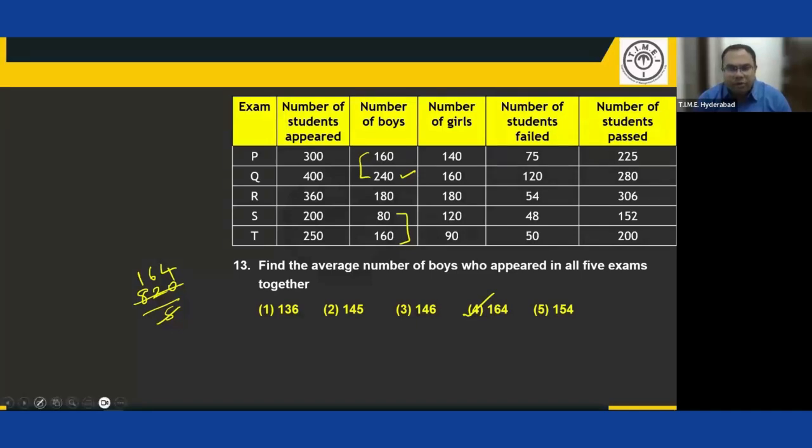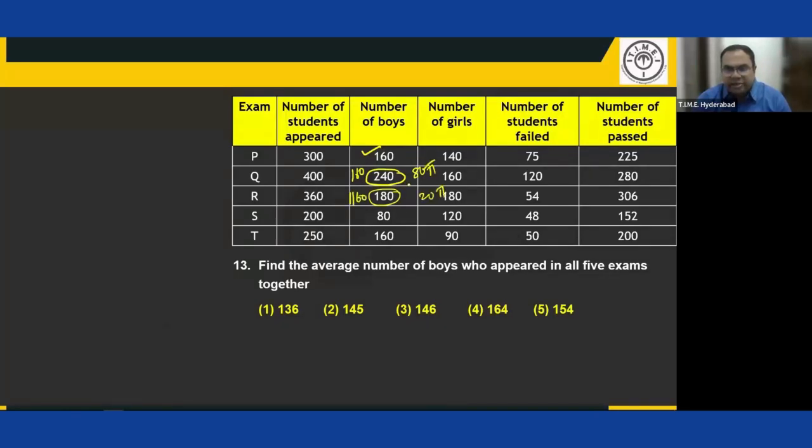Now, if I want to do by observation, you can do like this. This is the correct one, but I'll tell you one more point. Here it is 160. I'll take this also 160. So it is 80 extra. This also I'll take as 160, 20 extra.